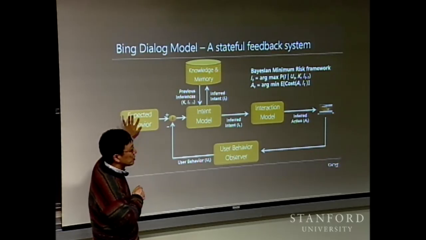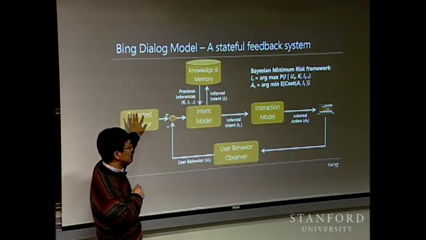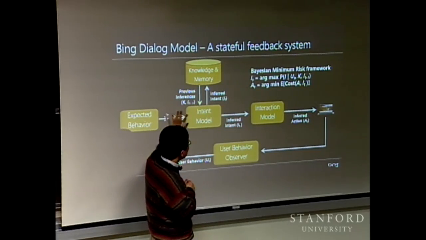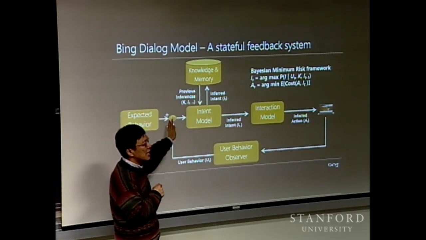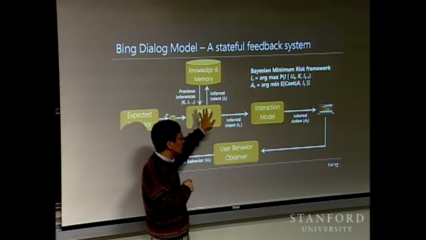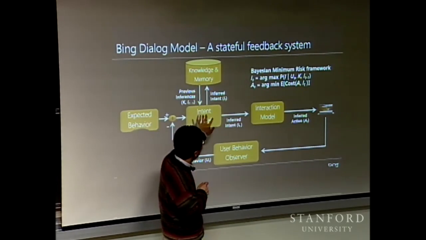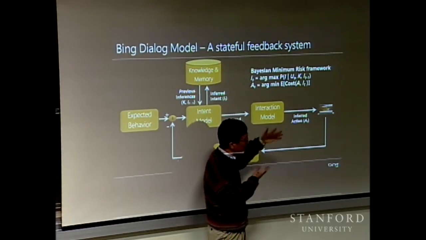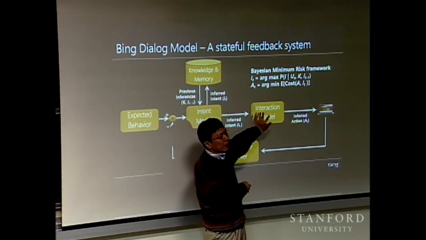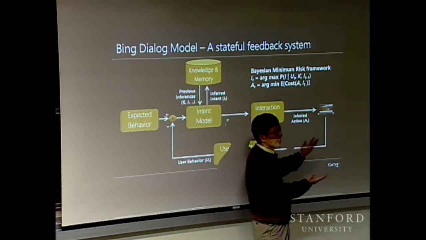So you design something and you believe that the user behavior will be like this. Then the important thing is you build an intent model. Say, if you type this kind of query, that's how I interpret your intent. The concept is there, the topic is there, and the entity is there, and all those things. Then you show something, of course, you have the page there, and the user will interact. So the user goes through this whole interaction model, then something happens.